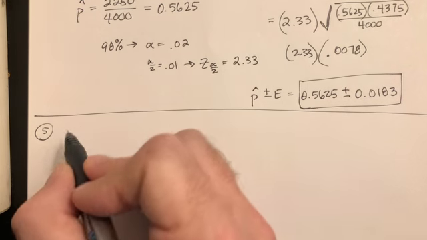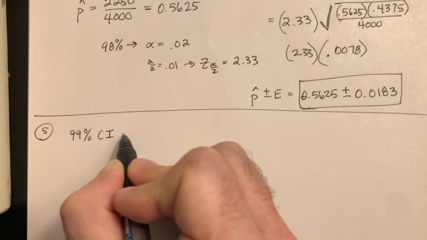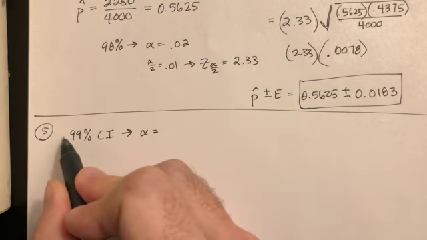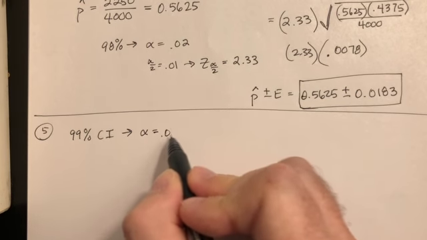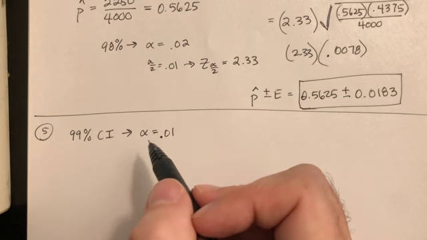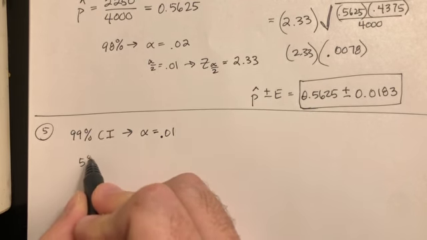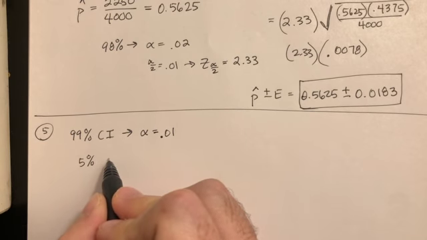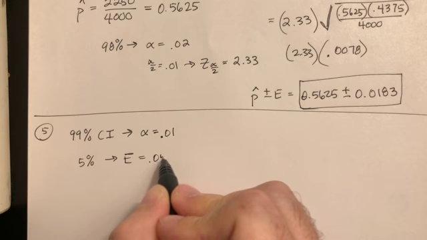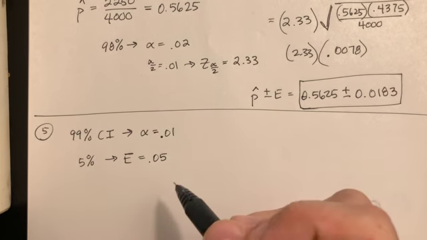They gave me 99% confidence, so this is a 99% confidence interval, and that means my alpha is 100 minus 99 is 1, move the decimal, 0.01. They said they don't want to differ by more than 5%, so 5% is the error. So E is 0.05. We don't want percents when we do calculations.